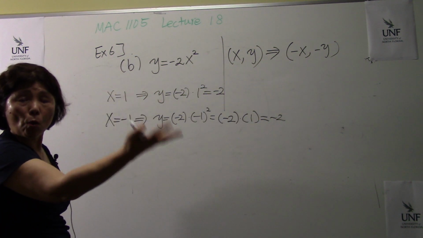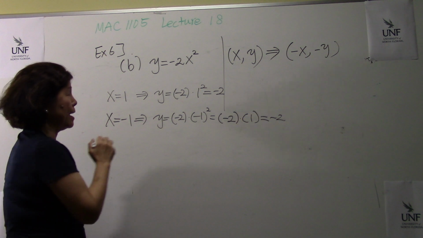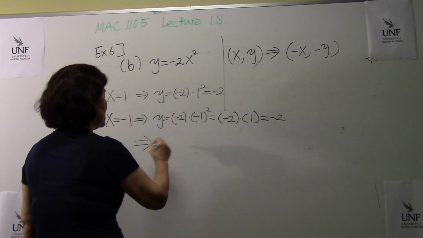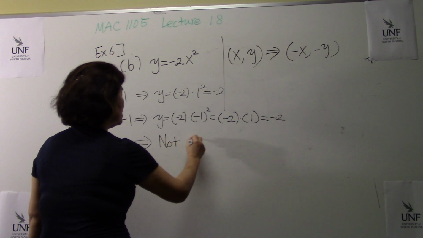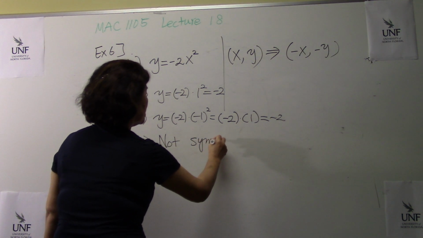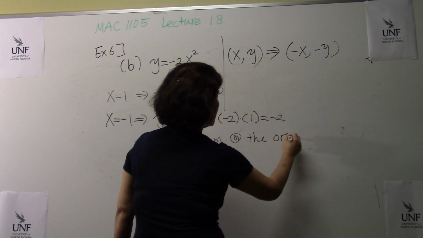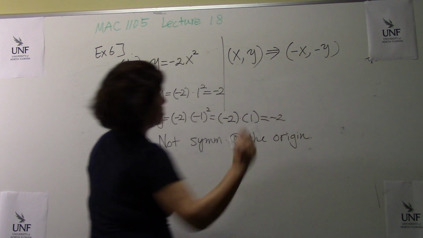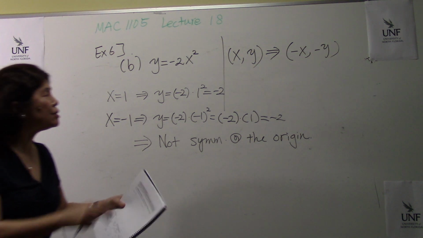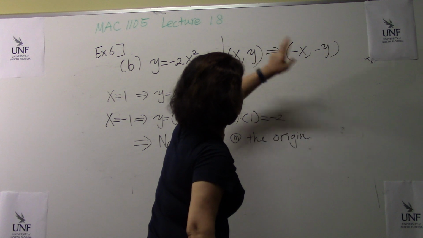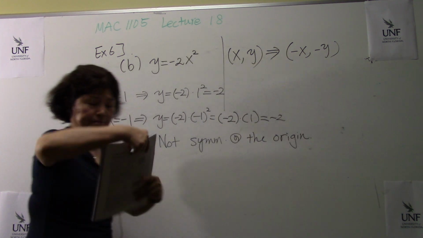So it does not go to the opposite. Okay? So we can say that the graph is not symmetric about the origin. About the origin means those coordinates will each go to the opposite.